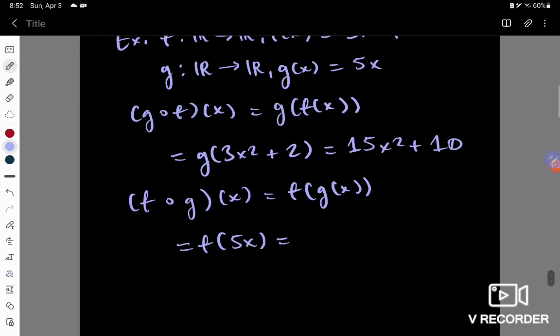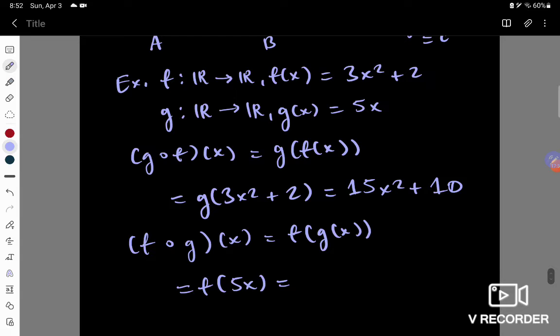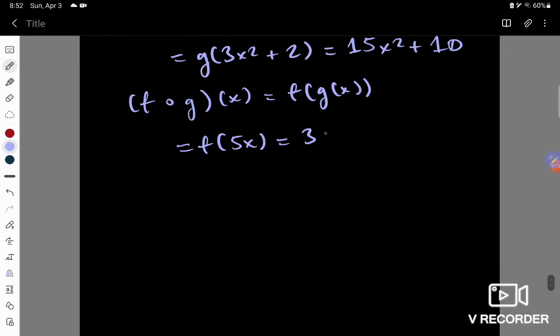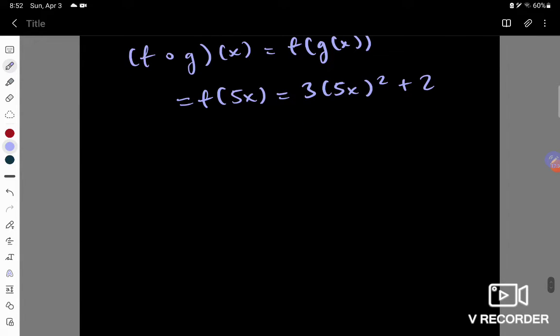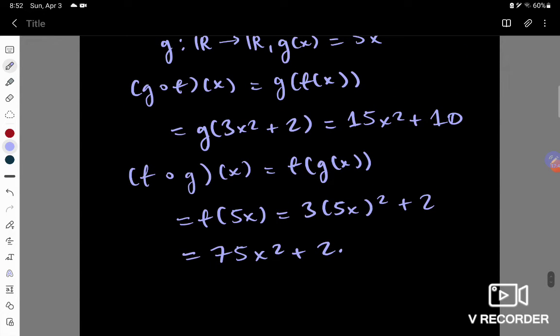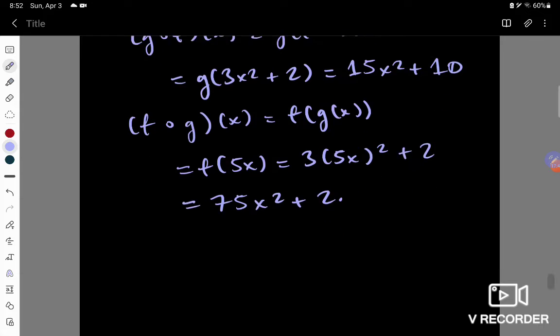And what do we have here? 3x squared plus 2, so 3 times 5x squared plus 2, and what's this going to be? 75x squared plus 2. Okay, great. So this is definitely not equal to that.